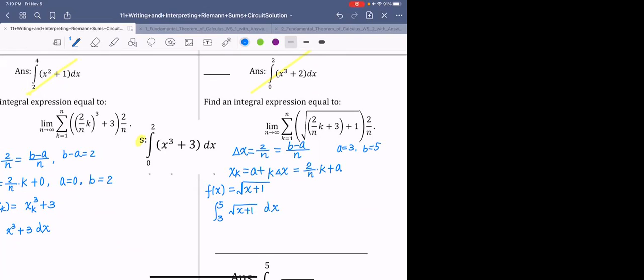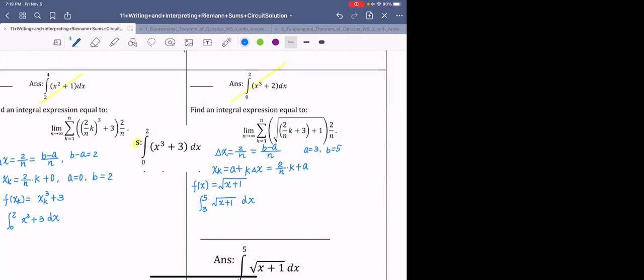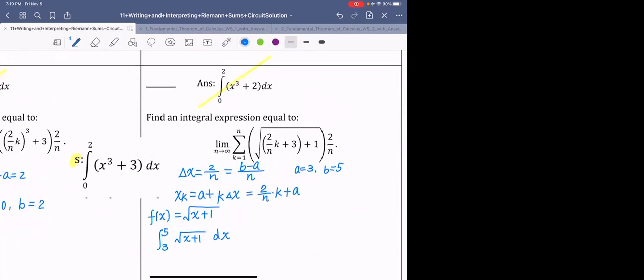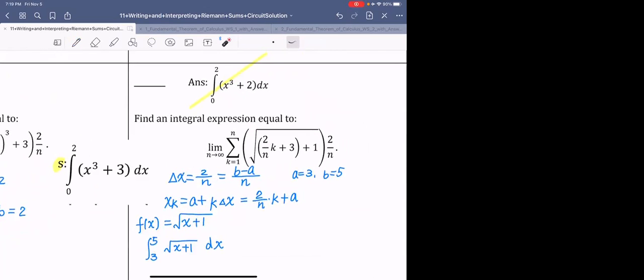Some people feel a little bit confused. Some people argue this with me. They say, look, teacher, you put 3 here, you put 1 here. If I take out this, if I say this is plus 4, can I? Yes, if you want to do it that way, totally fine.